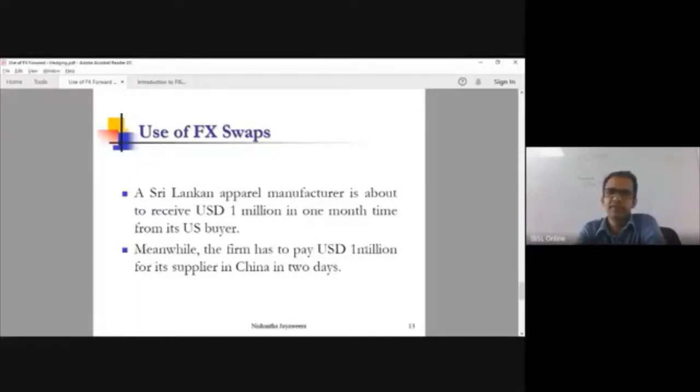Very common case. They import raw materials from China, and the final product may go to the US or Europe. So there may be time differences in cash flows, payments and receipts. If they want to hedge their exchange rate exposure, they can use an FX swap to hedge them.